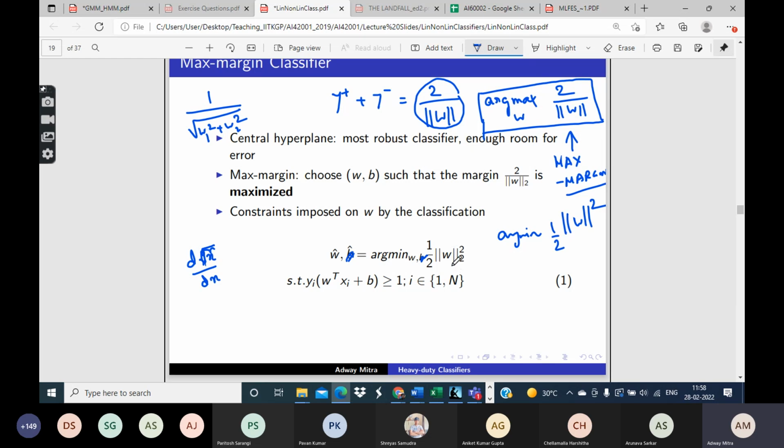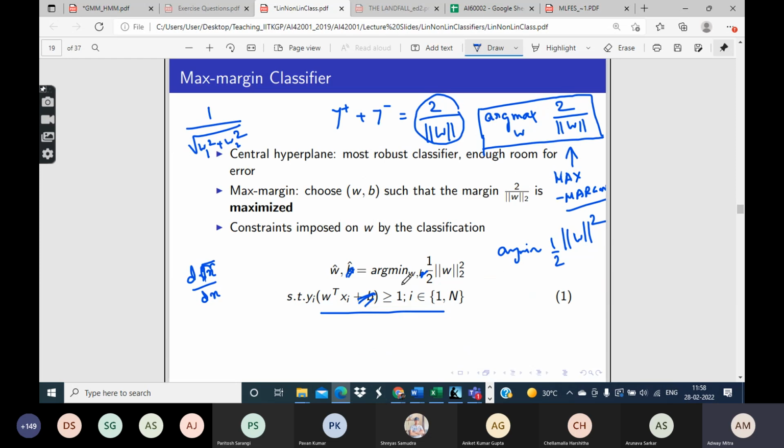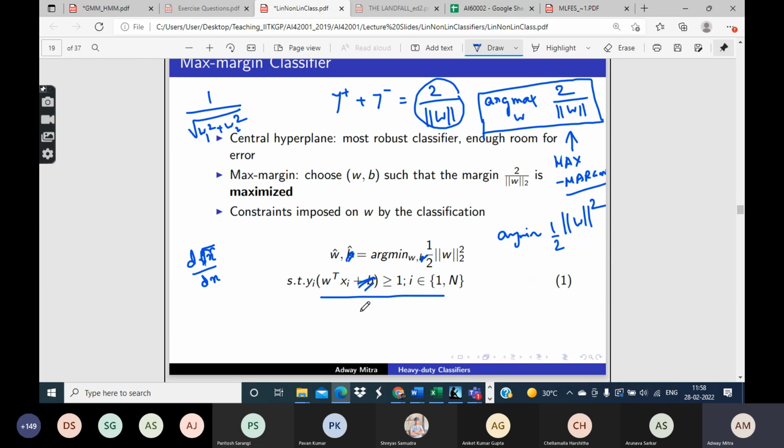But that's not all. I also have to qualify with the fact that along with it, all the data points should be correctly classified. That is, data points from all the classes. So I will have this constraint also. Now, why am I writing +1? Normally it should be enough if this is greater than or equal to 0, because that's the definition of correct classification which I had considered.